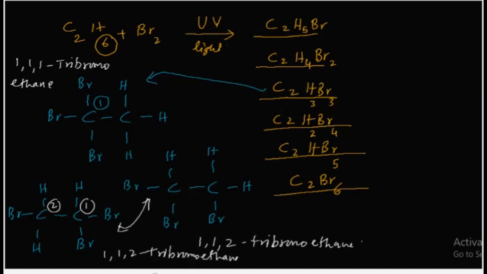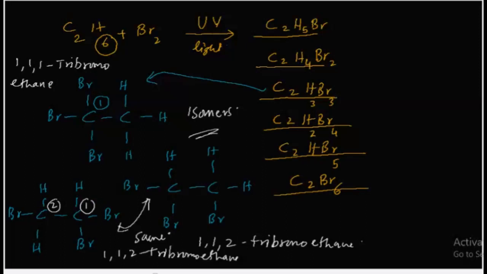So these 2 compounds are the same in nature. As you can see, the molecular formula of these 2 compounds is the same, but the structural formulas are different. So that's why they are isomers. And isomers are compounds of carbon and hydrogen which have the same molecular formula but different structural formula.